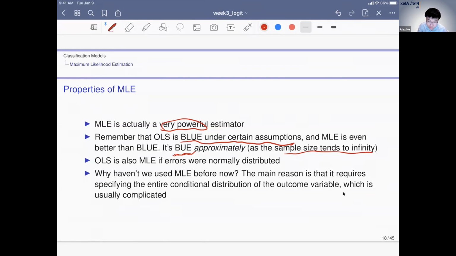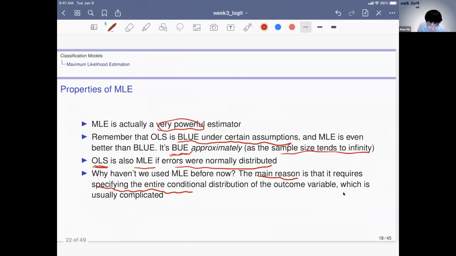As I just mentioned, the OLS you can also get the same way using the maximum likelihood if you assume that the errors are normally distributed. But we don't use that as much, except for logit here. The main reason is that it requires that we specify the distribution.